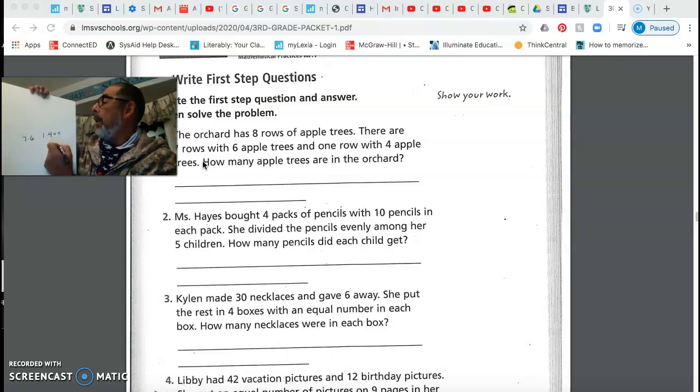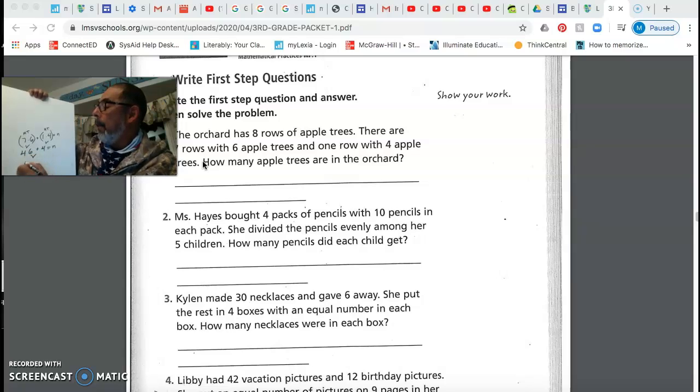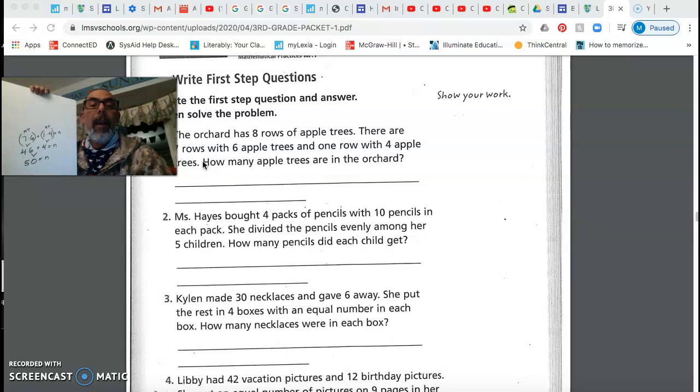In order to get the answer, you're going to have to figure out how many apple trees are here, how many are in the 1 by 4, and then add them together. The reason why this is a 2-step equation is that they would have to solve 7 times 6, and add it to 4, and so then that would be 50. There are 50 apple trees altogether.